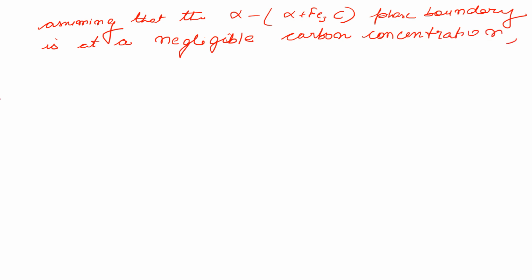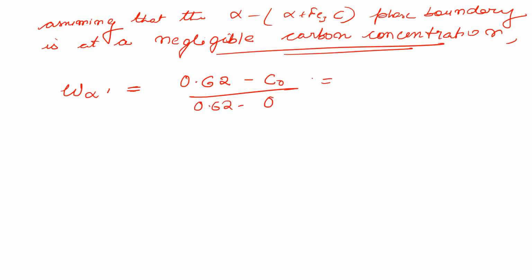So the weight fraction of the proeutectoid ferrite should be 0.62 minus C naught divided by 0.62 minus 0. Negligible carbon concentration, that's the reason this is 0, and it should give me 0.62 minus 0.20 divided by 0.62, that is 0.68.